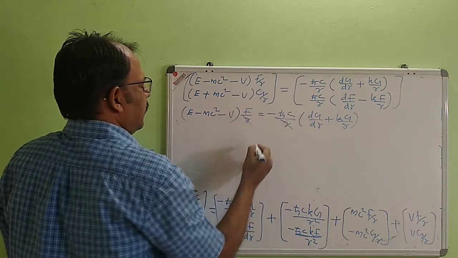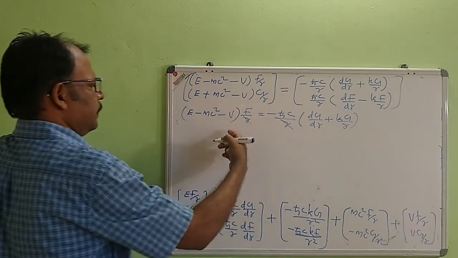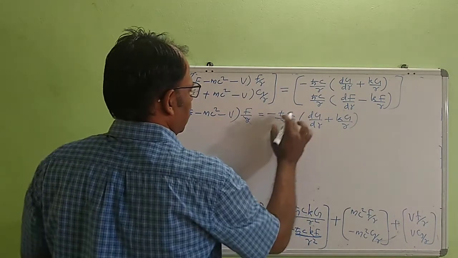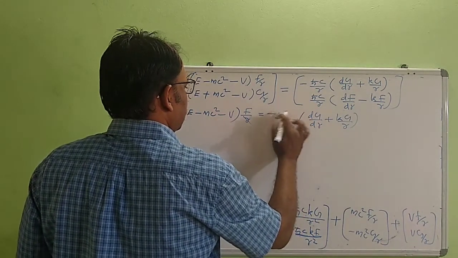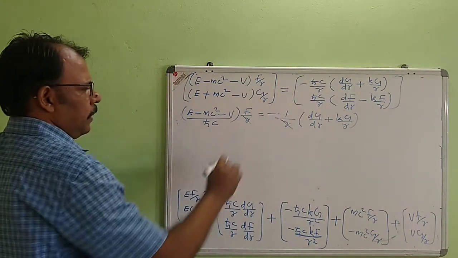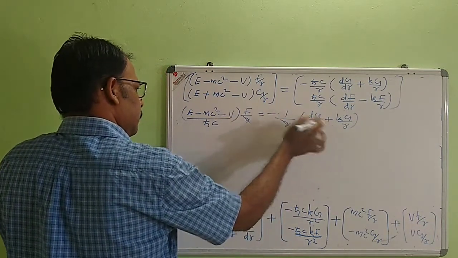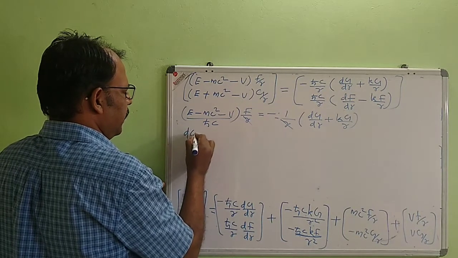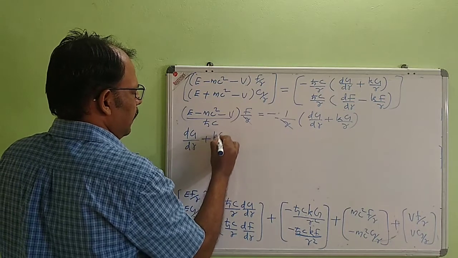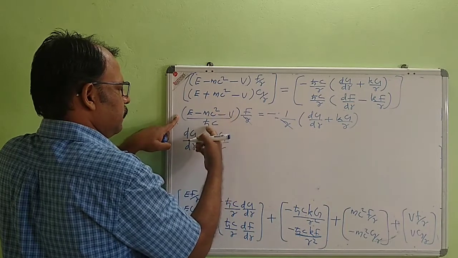This 1 by R will get cancelled, and I am taking all the terms to the left hand side and dividing by h bar c. When I divide by h bar c, minus 1 by R is cancelled. Now take this term to the left hand side, and I will be having dG by dr plus Kg by R, plus E minus mc square minus V by h bar c.